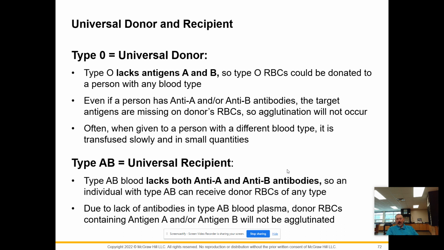O doesn't have any antigens on it, so it's not going to cause a reaction. A, B, and O can be given to type AB blood. So the two extreme opposites: O can give to anyone, AB can receive from anyone. That puts O as the universal donor and AB as the universal recipient.